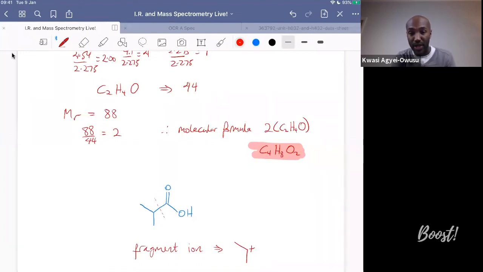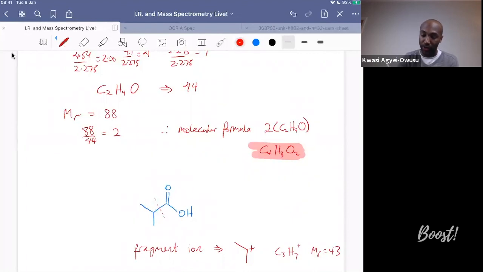That secondary carbocation has got 3 carbons, so it's got C3, and it's got 1, 2, 3, 4, 5, 6, 7 hydrogens. So C3H7 plus. If we worked out the mass of that, 12 by 3 is 36, and 7 hydrogens, so Mr is equal to 43. So we can be confident that we've got the correct structure there.